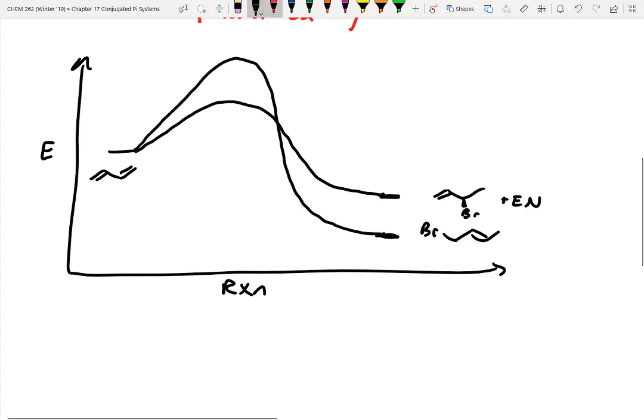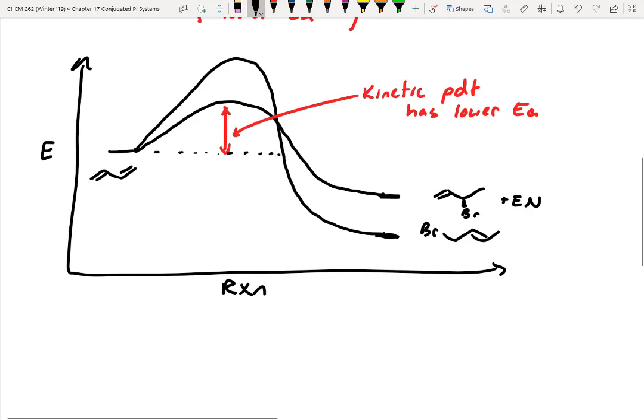So what I mean by that is the kinetic product has the lower activation energy. Versus our thermodynamic product, if we think about our thermodynamic product, it's got the largest drop in energy.